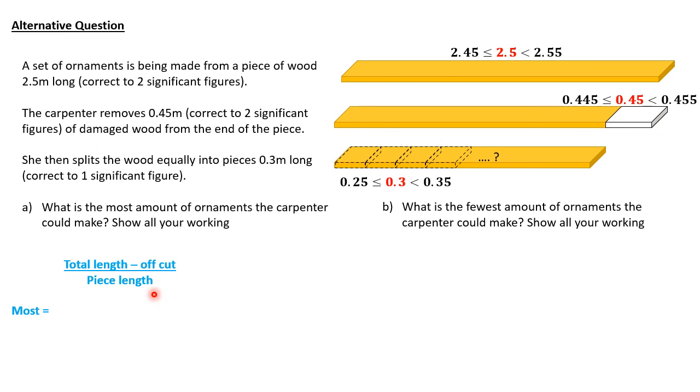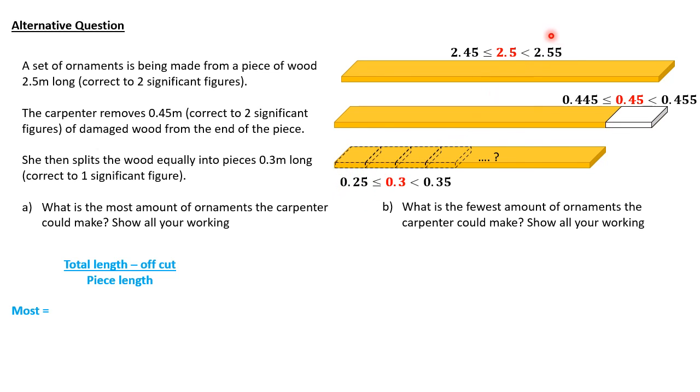to get how many bits they're going to make. So if we want to make the most, I need to start with the longest bit of wood. So I need to start with my upper bound. And if I want to make the most, then I'm going to cut off the minimum amount of waste. So I'll cut off the lower bound. Then if I want to make the most ornaments, I want to make them as small as possible to fit as many in here as I can. So I'll make them 0.25.